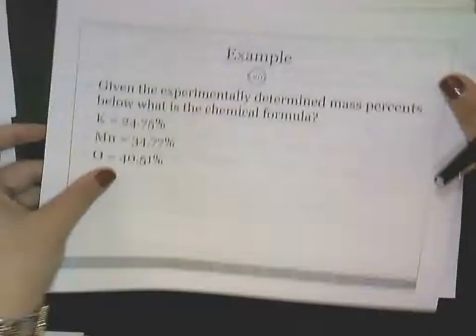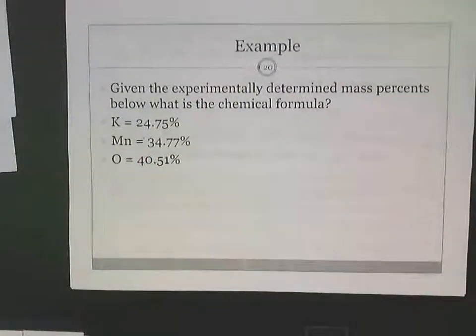Okay. So let's say we have the experimentally determined mass percents of an unknown compound. We then want to take these mass percents and turn them into an empirical formula. In order to do this, we make one huge life-changing assumption without which you cannot solve the problem.